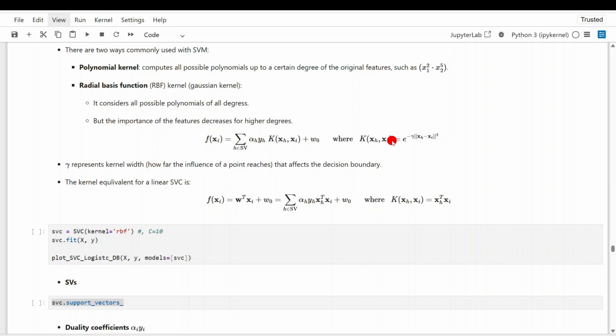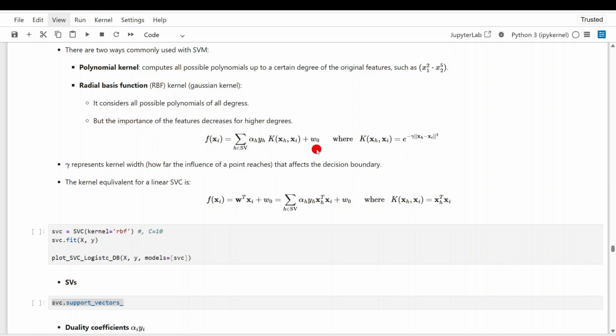The kernel function of x_h and x_i is expressed as an exponential function: e to the power of minus gamma times the second norm of the difference between x_h and x_i. Therefore, this model is clearly nonlinear.